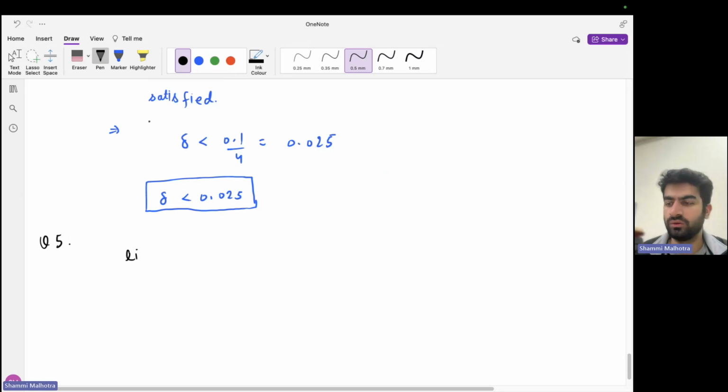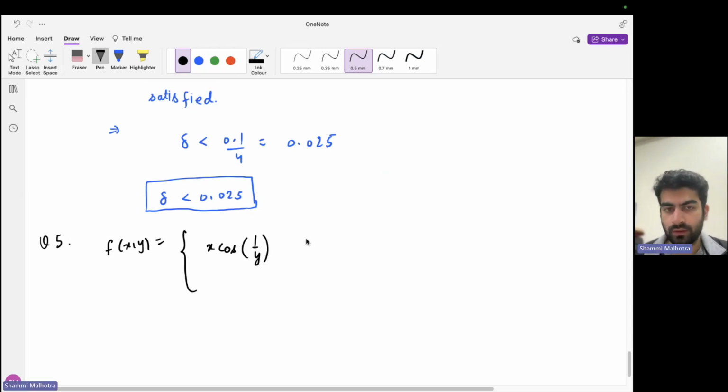So let's start the question number 1 first, and let's have some theory. My function f(x, y) is given as x cos 1 by y, where y is non-zero, and I'm taking it to be 0 when y is 0.